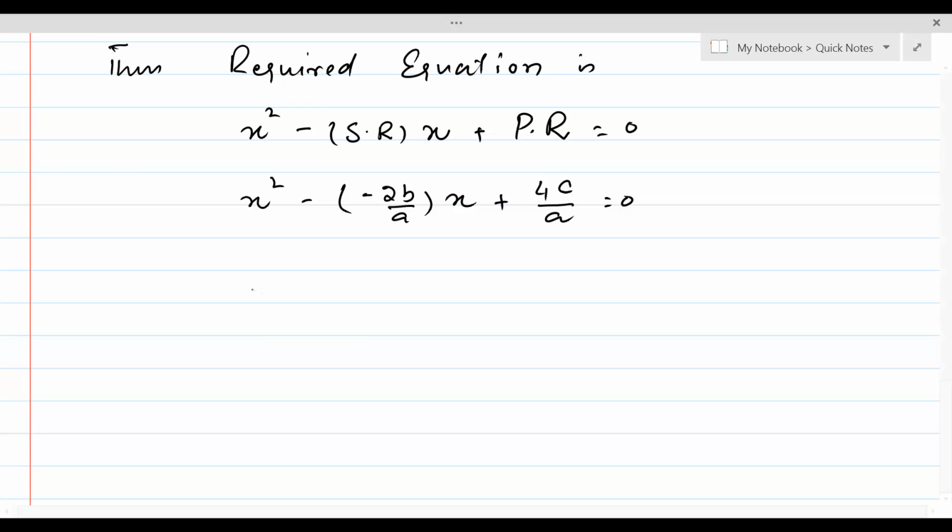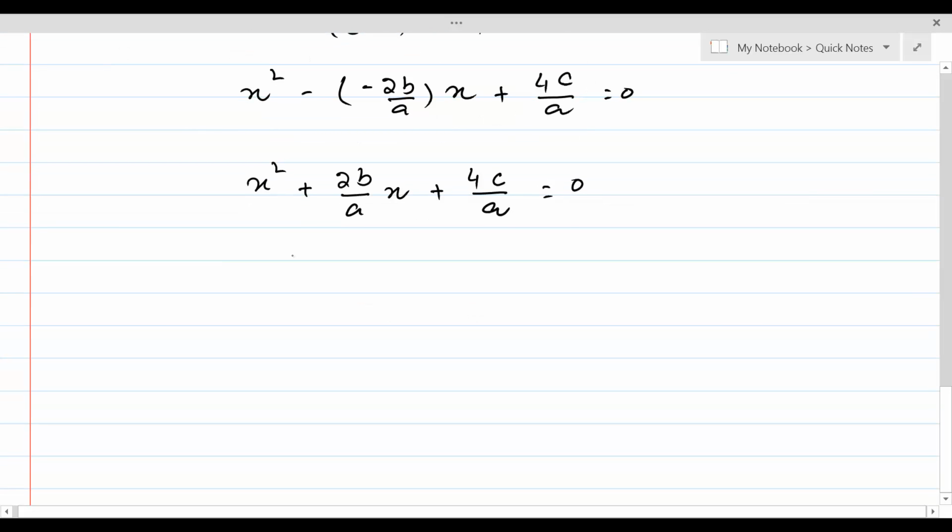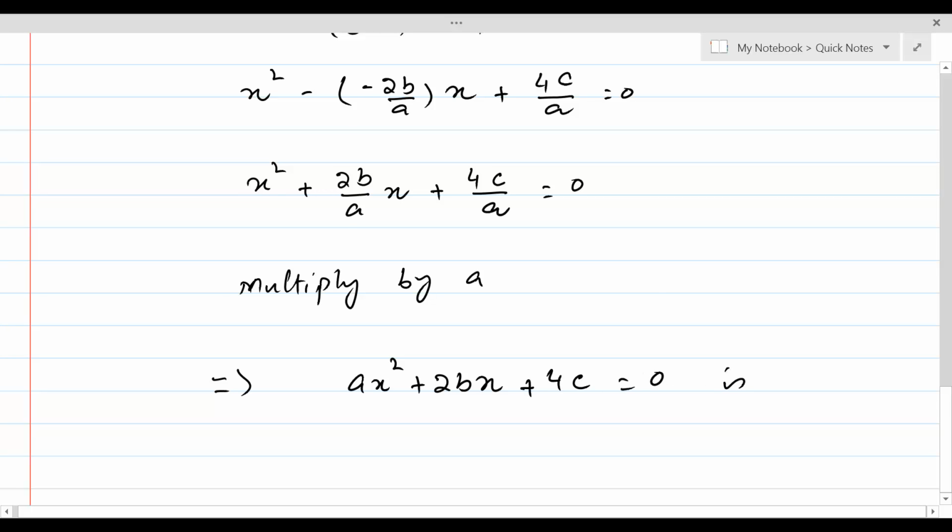So this way we have x squared, minus times minus will become plus, plus 2b over a x plus 4c over a equal to 0. And if we multiply throughout by a, this will give us ax square plus 2bx plus 4c equal to 0 is required equation.